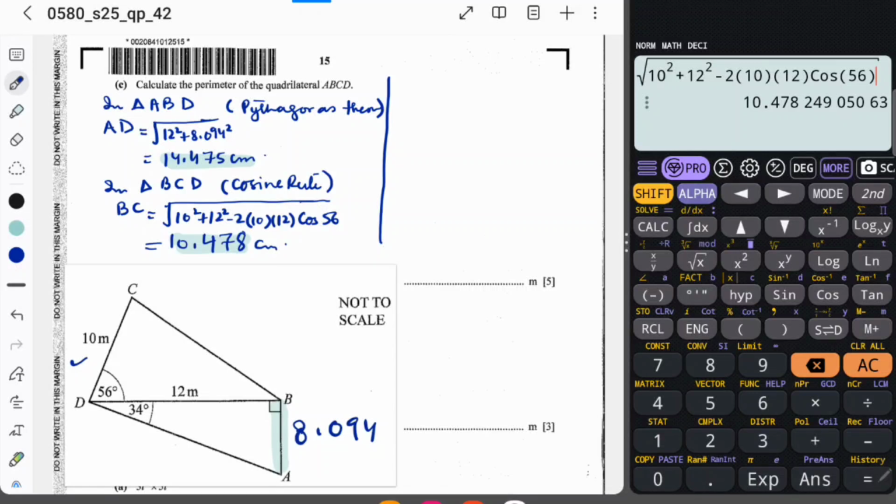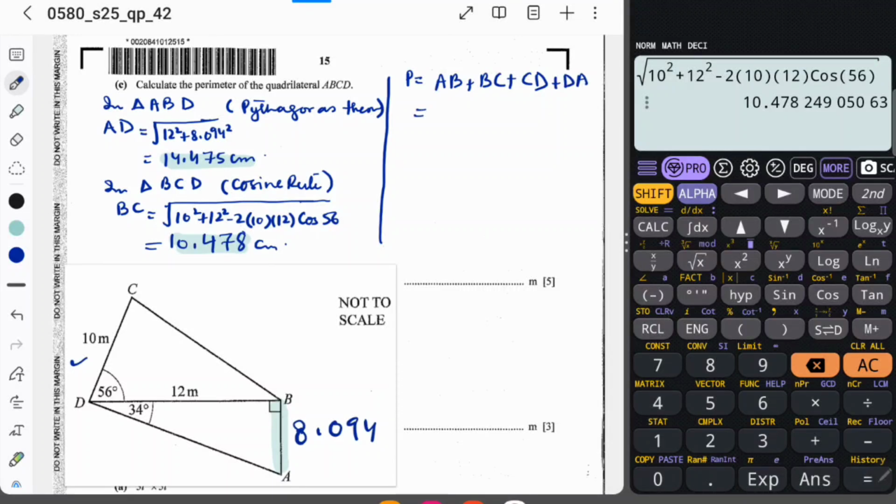That was 14.475 and 10.478, and 10 and 8.094 is the other one. So the perimeter is equal to AB plus BC plus CD. You can see the diagram, and one more side is AD or DA.